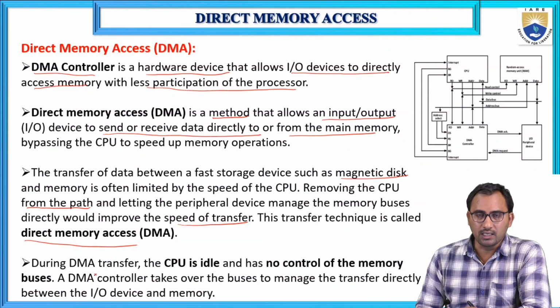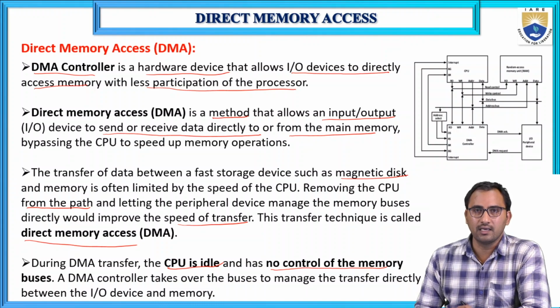During this DMA transfer, the CPU is idle because it is not involved in the data transfer, and it also has no control of the memory buses. When the CPU is idle, it relinquishes all its buses, like the address bus, data bus, and control bus.